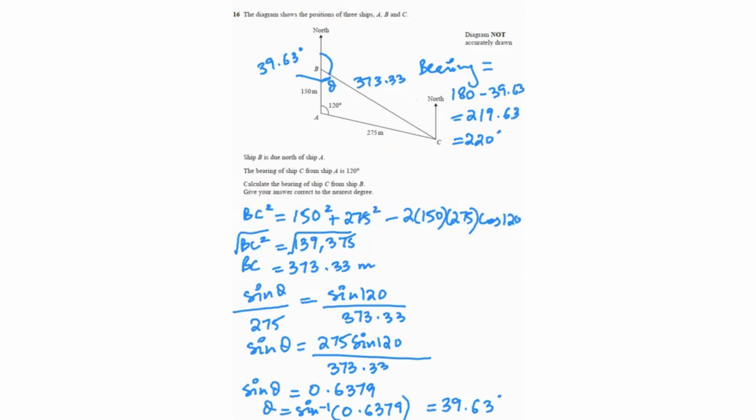That is your answer. So you must have realized that sometimes they can give you a very basic bearing question, which is the one that we did initially, and other times they can give you a bearing question mixed with sine and cosine rule. So you need to be familiar with the conditions that we require to use the sine rule and cosine rule. And then based on that, you can easily solve your question.